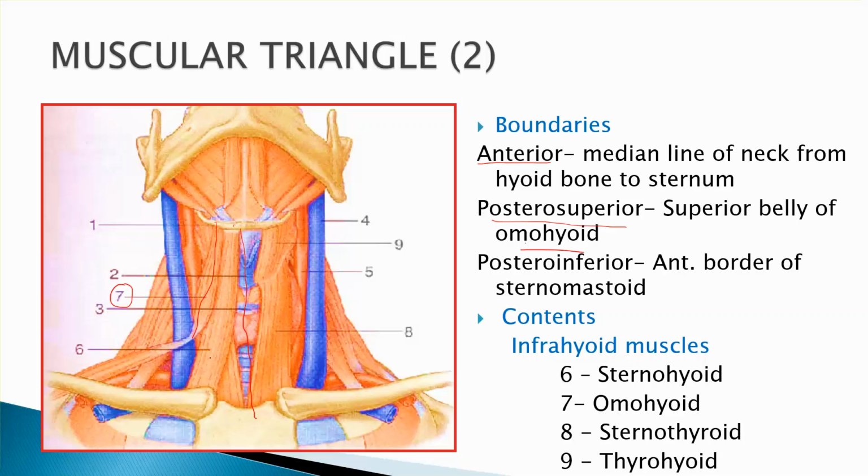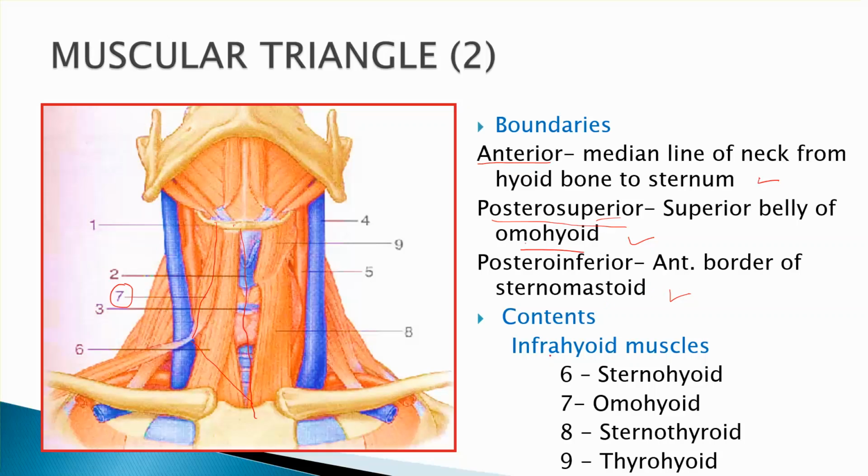Here the sternomastoid is removed, but it continues like this below. So this is the triangle, formed by the superior belly of omohyoid, the midline of the neck, and the anterior border of sternomastoid. This is called the muscular triangle.